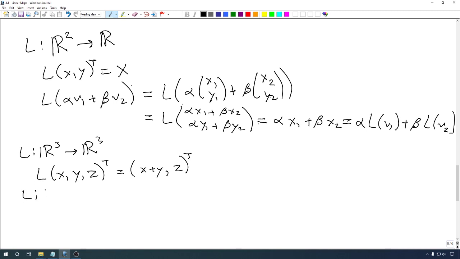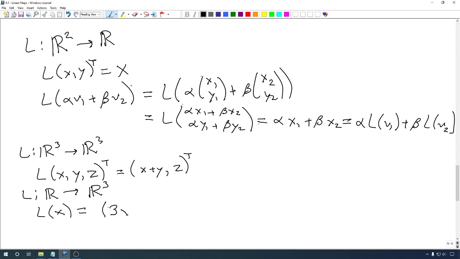Or we could go, say, from R to R3. Here we're going to take just a single number x. We can think of this as a column vector if we want to, but there's not really any point in doing so. And we need to get a column vector with 3 entries. Now, what are the possibilities here?